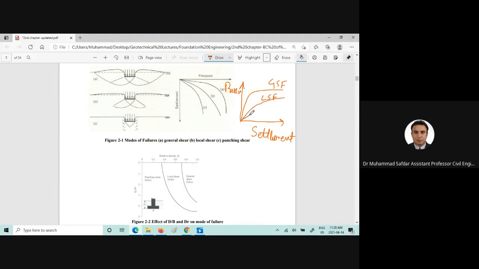And in case of the very high compressibility soil, this one will be the punching shear failure. And different zones for the dense or stiff soil, high compressibility soil, very high compressibility. So this is the general shear failure mode, local shear failure mode, and the punching shear failure mode.